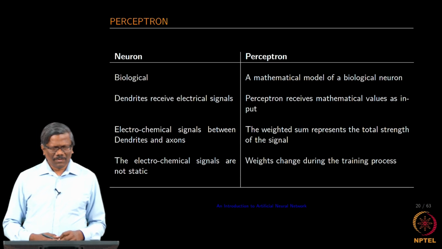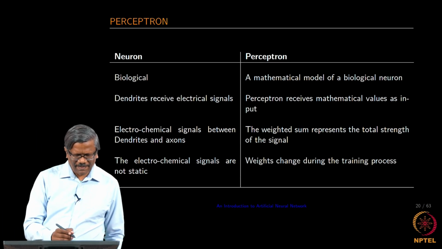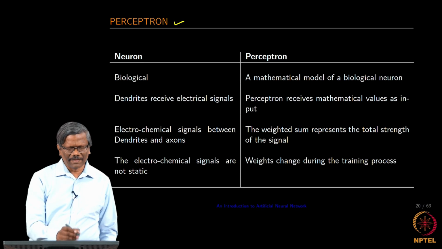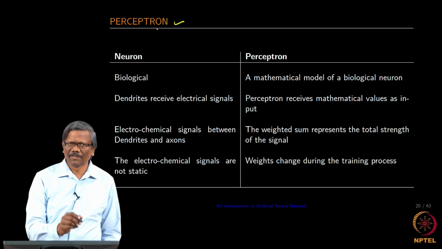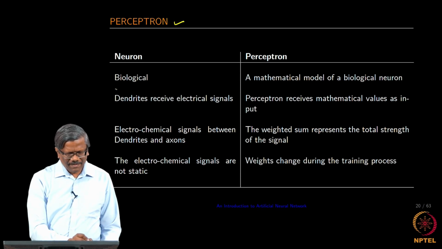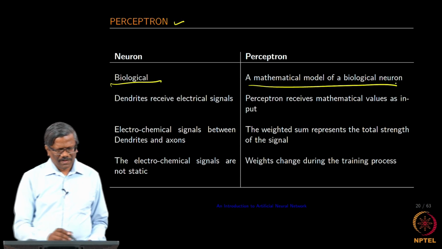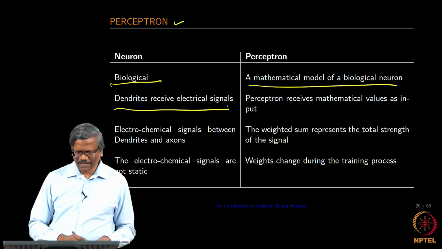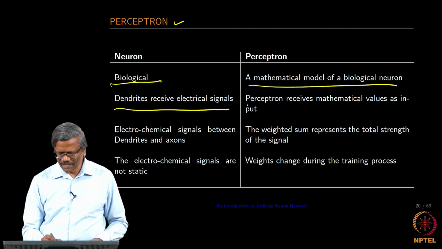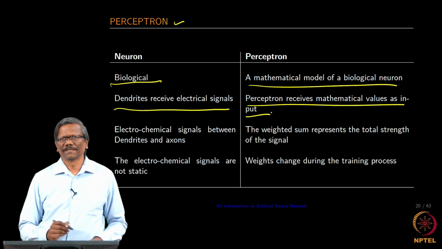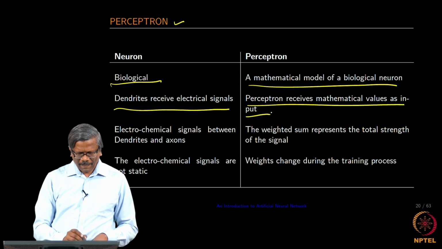So, what are the differences between the perceptrons? We are going to be calling the artificial neuron the perceptron. The biological neuron is biological, and the perceptron is a mathematical model. Dendrites receive the electrical signal, while perceptrons receive values as input.